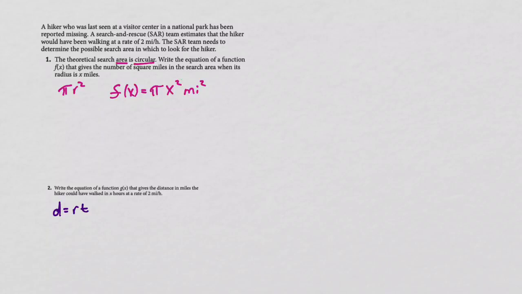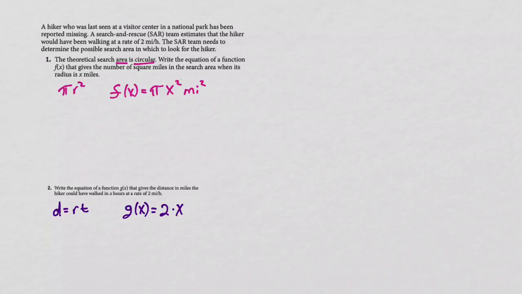But they want my time as x for hours. And then, of course, my rate is the 2 miles per hour. So my formula is going to be g of x equals my rate, which is 2 miles per hour, times my x, which is my time in terms of hours.